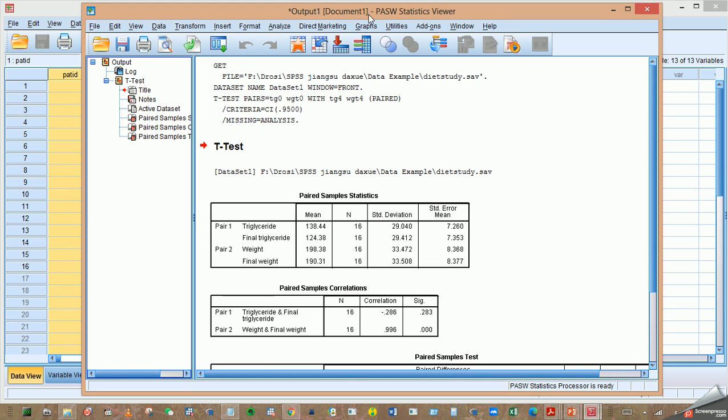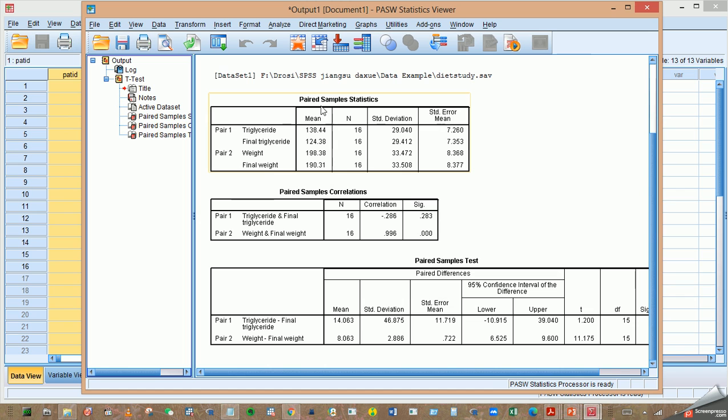Now our result has 3 tables. The first one is paired samples statistics, showing the mean for each variable. The first variable has a mean of 138.